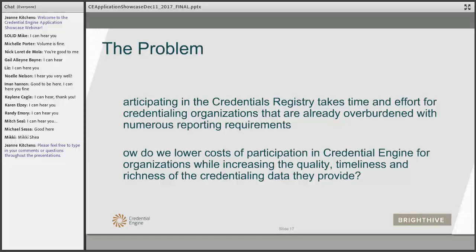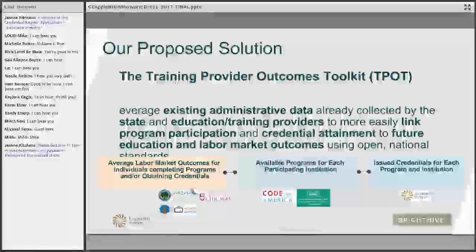So the problem that we have gone out trying to solve is how do we lower the cost of participation in the Credential Registry for organizations while increasing the quality and timeliness and richness of the credentialing data that they provide.